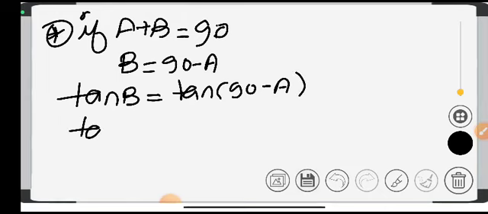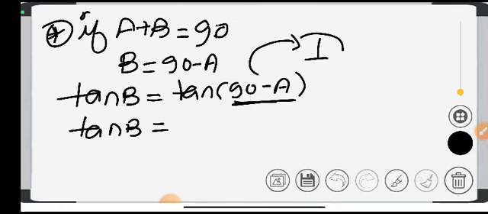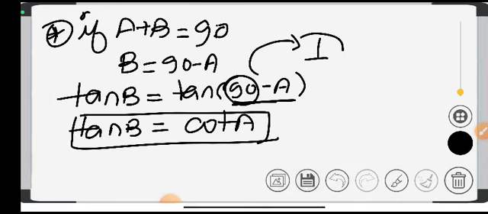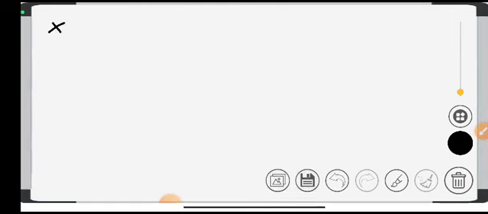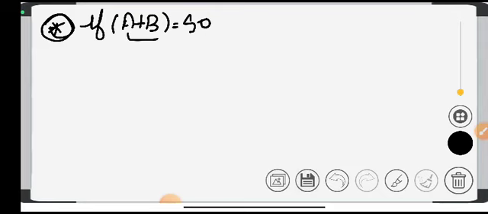It lies in the first quadrant, and for 90 degrees the value becomes cot A. So tan B is written as cot A. Do you understand, everyone? So the result of all those is, if A plus B is 90 degrees, given that the sum of both angles is 90 degrees, you will be able to write like this.